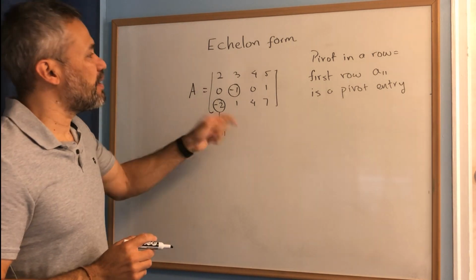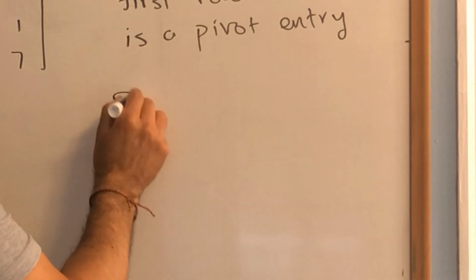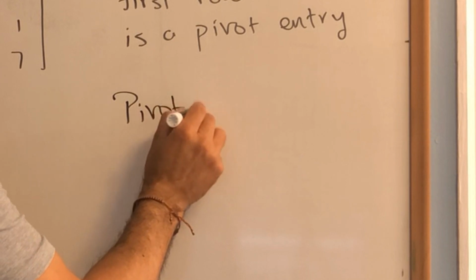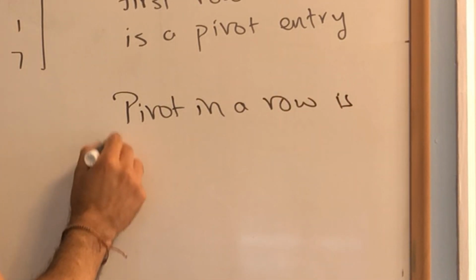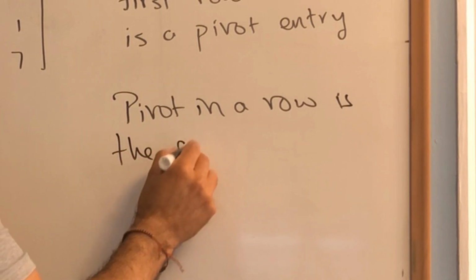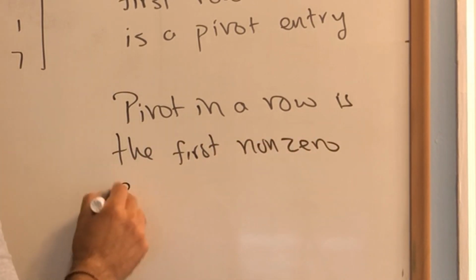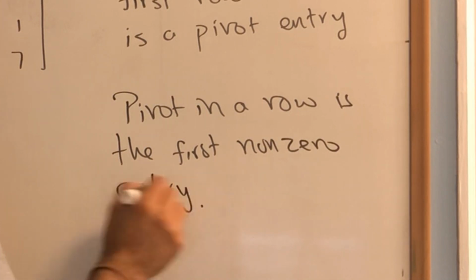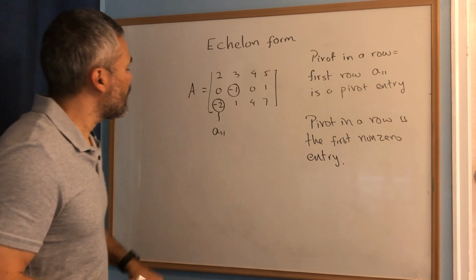Then, in general, the pivot in a row is the first non-zero entry. Okay, then we have the notion of the pivot in a row.